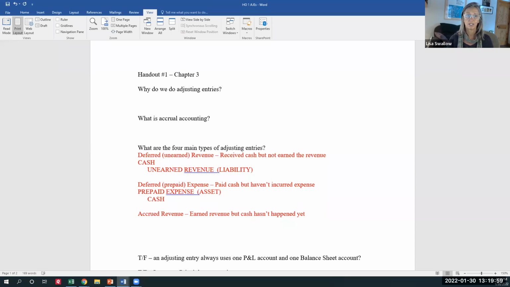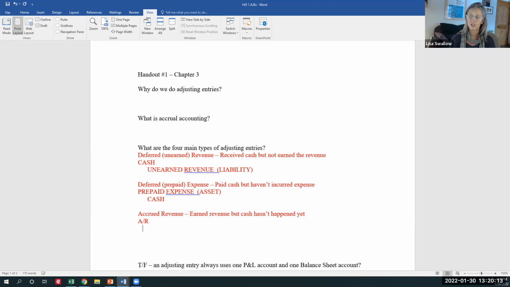I have to go to the end of the month, and at that point in time, I'm going to debit accounts receivable because I have a right to receive some cash, and then I'm going to credit some sort of revenue account. Then when they give me the money down the road, that's when the cash transaction occurs.